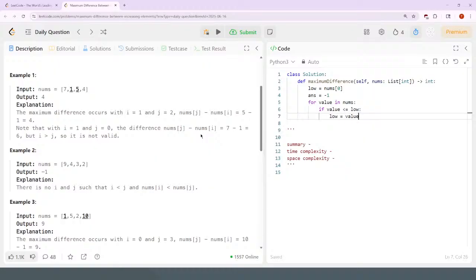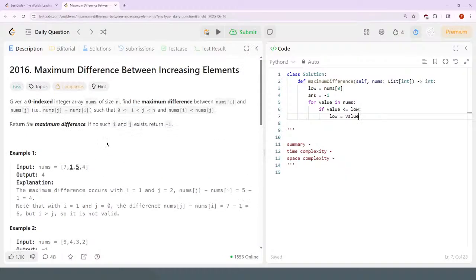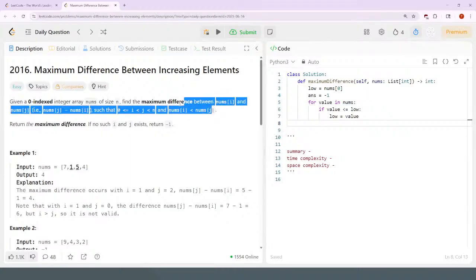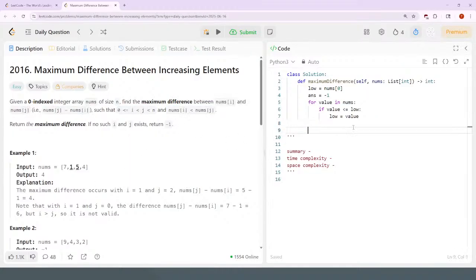Well, technically, it's maximum difference nums[j] minus nums[i], where it has to be strictly less than. So if it's exactly equal, then the difference is 0. The difference has to be positive because of this inequality.